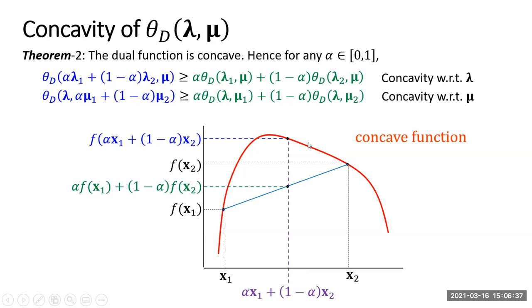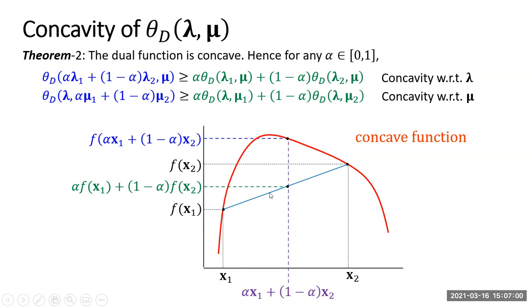Now this is some function f of x. This is f of x1, x1, f of x1, x2, f of x2, right? And this is alpha x1 plus 1 minus alpha x2, and this is f of alpha x1 plus 1 minus alpha x2.